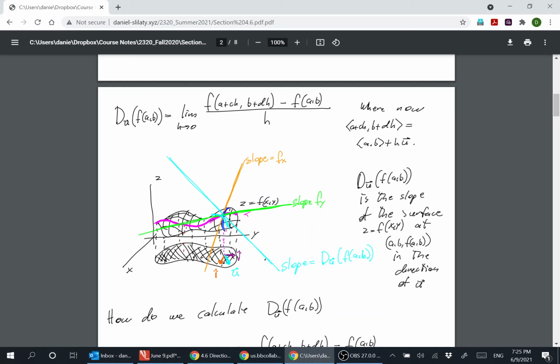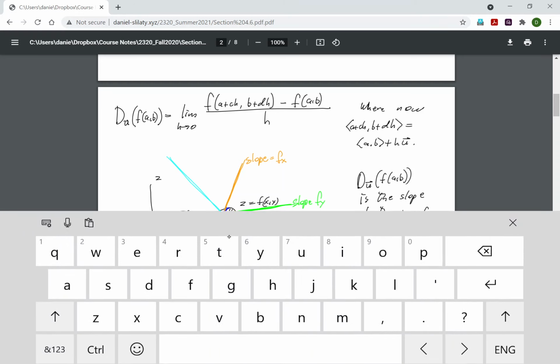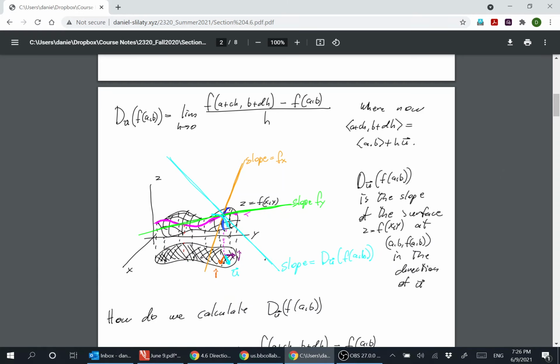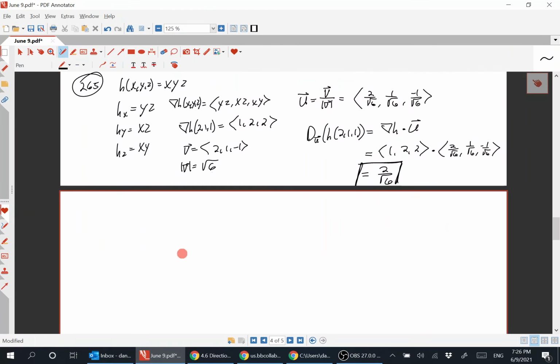The green slope, that's the directional derivative for the direction (0, 1). That's in the direction of the y-axis. But hey, why restrict your attention to the x-axis and the y-axis? If you take that point and take an arrow coming off that point, you've got your surface and this point of tangency up here.